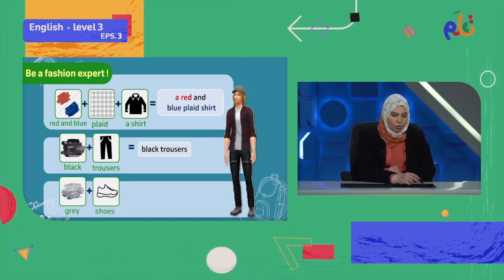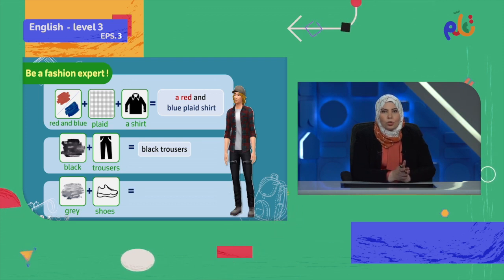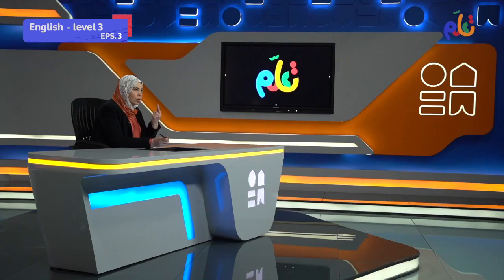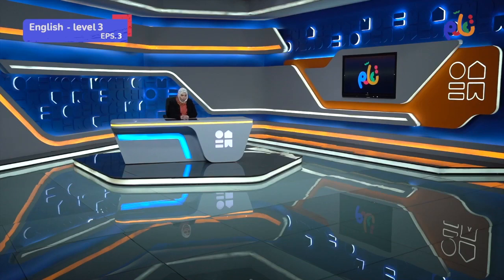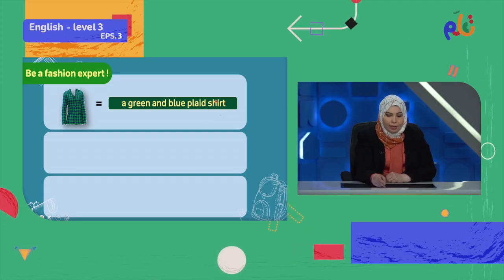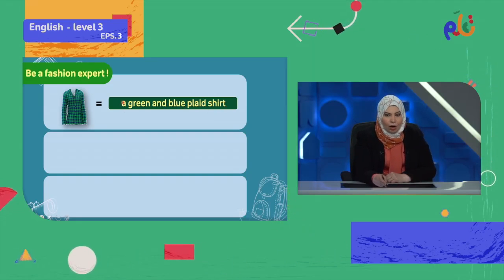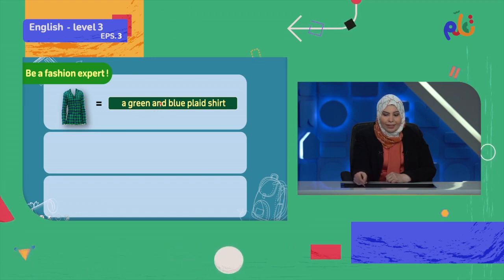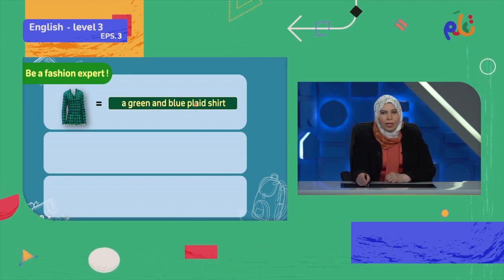And gray shoes, and then again, we're not going to use any article because we're talking about plural. Okay, so if we're speaking about this item here, so a green and blue plaid shirt. يبقى أنا بدأت بالarticle, and then we have the color, and then the pattern, the name of the item or the name of the piece of clothing.